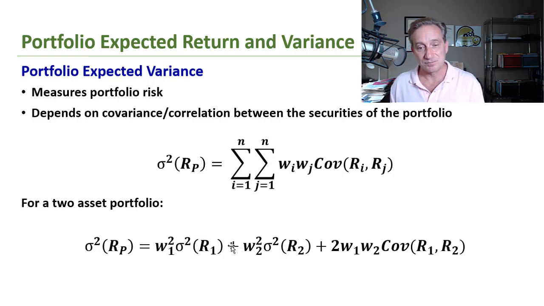Add that to the weight of the second component squared multiplied by its own variance. And then we have this additional term, which really captures the effect of the correlation, covariance, and really captures the effect of any diversification benefits. We have a 2 out here in front due to the math, multiplied by the weight of 1, weight of 2, multiplied by the covariance between the two.